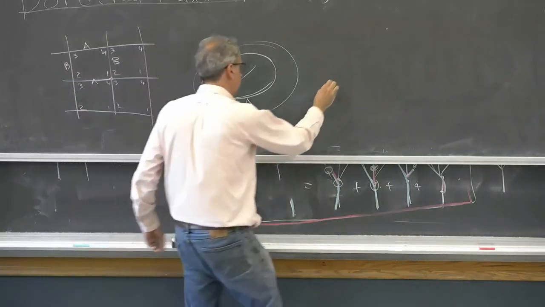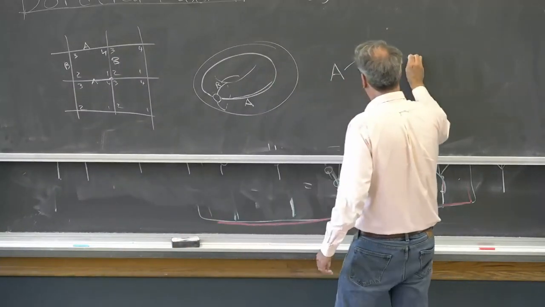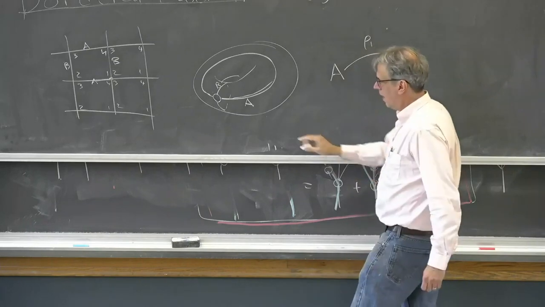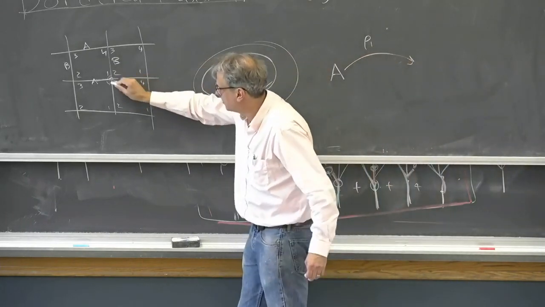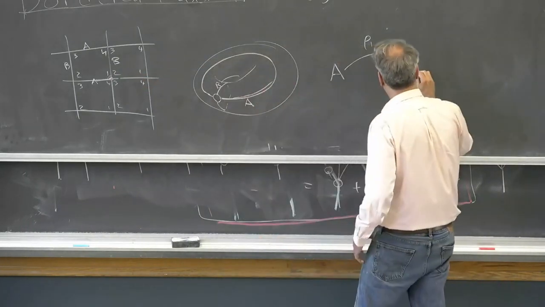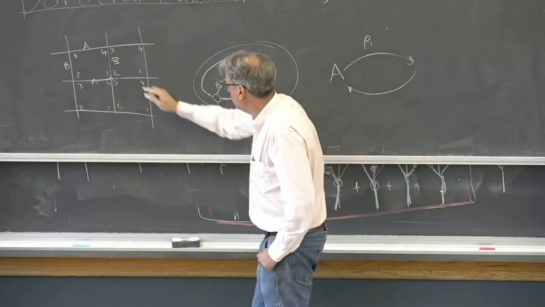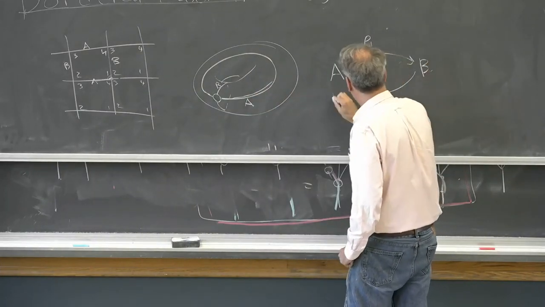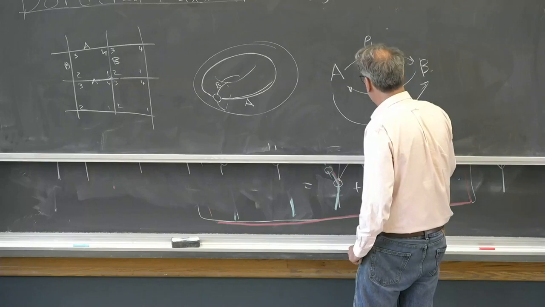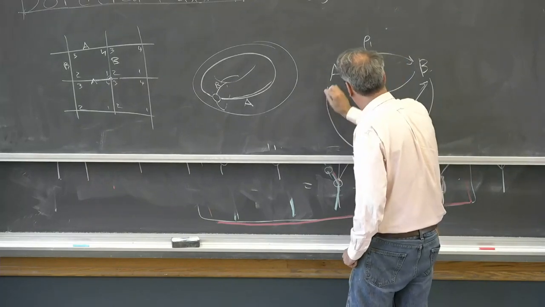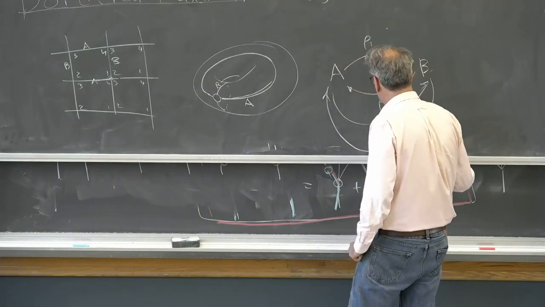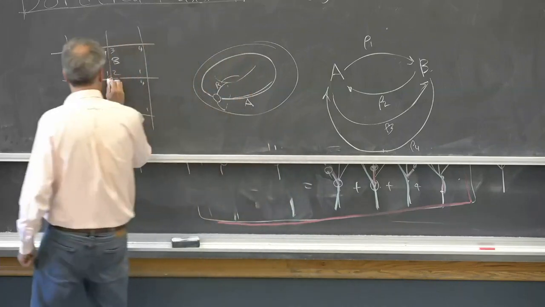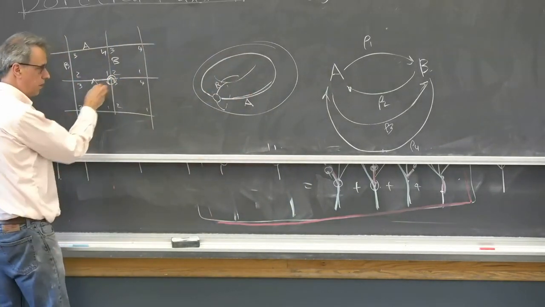There's a chord I'm going to call row 1, which goes from A to B. There's a chord, row 2, that goes from B back to A. There's a chord, row 3, that goes from A to B. And there's a chord, row 4, that goes from B back to A.